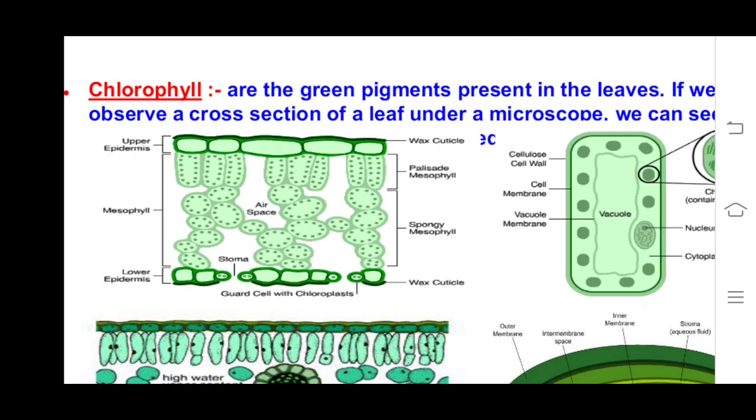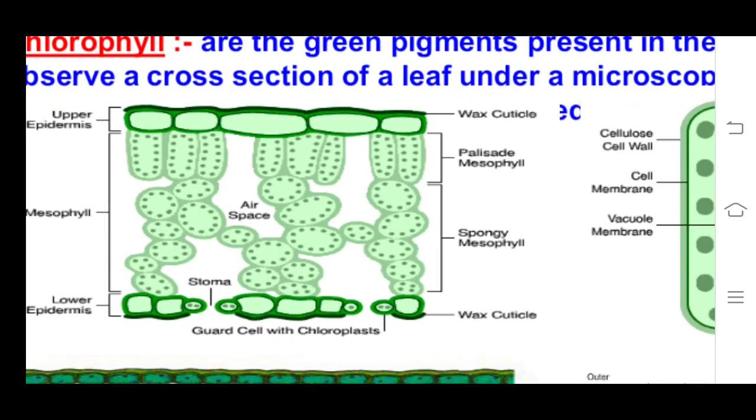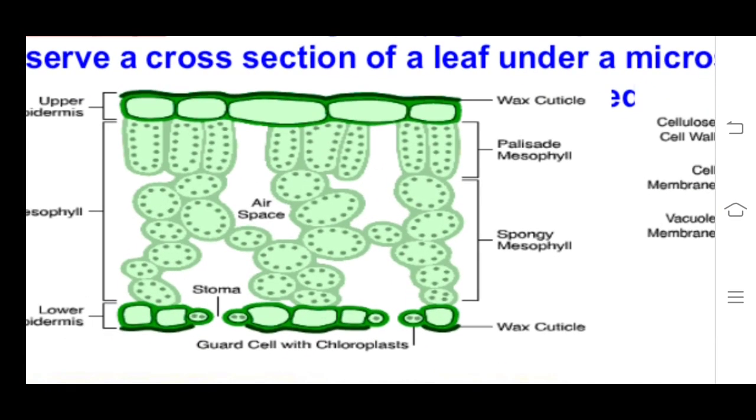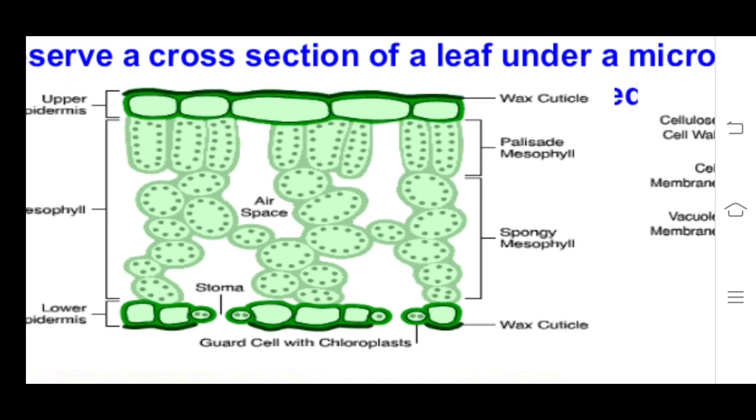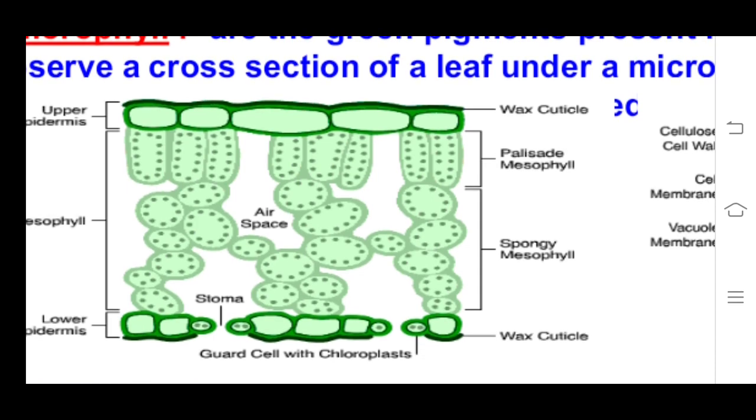Then in between the upper and lower epidermis, we have the cells which are known as the mesophyll cells. And the mesophyll cells are again of two types: palisade parenchyma, spongy parenchyma. In the palisade parenchyma, they are elongated regular cells which are regularly arranged.